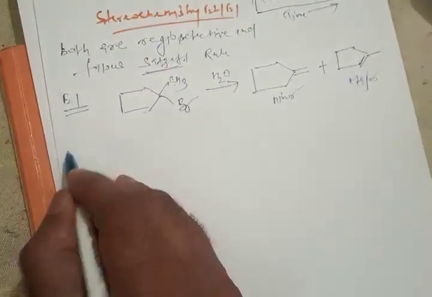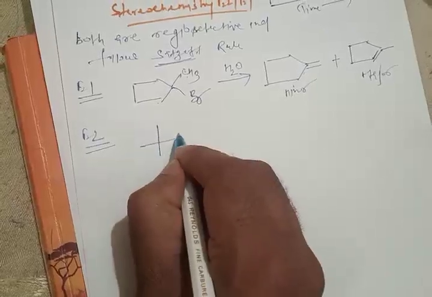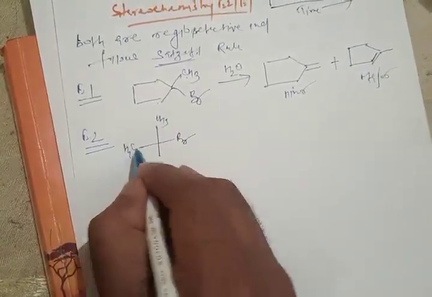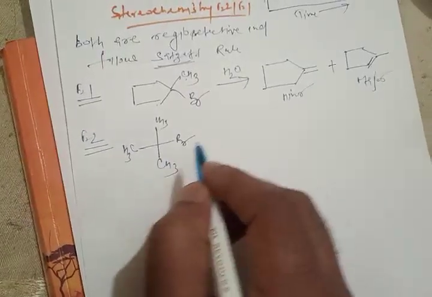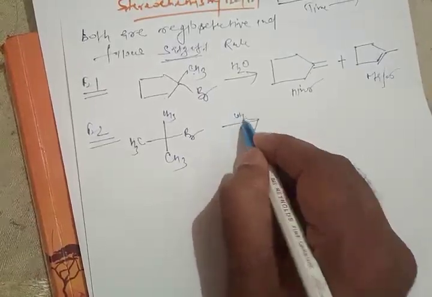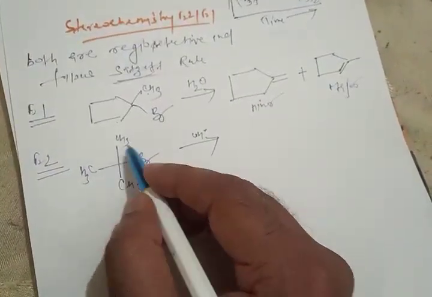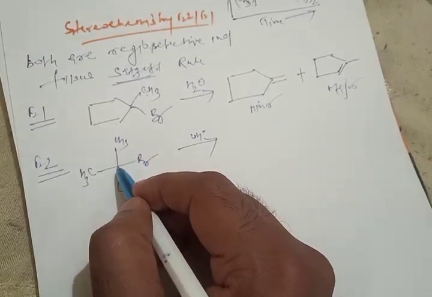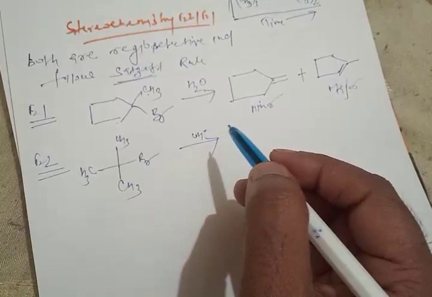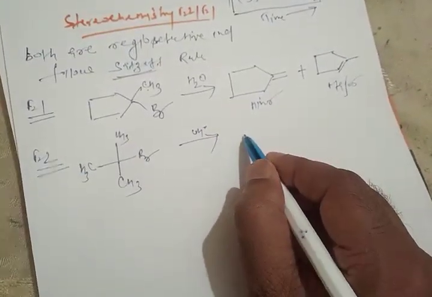Then E2. If we have a choice with Br, CH3, and the base, again we have three choices. This is a beta carbon, this again a beta carbon, and you can take any of them, or you can take this one. So what is the product here?